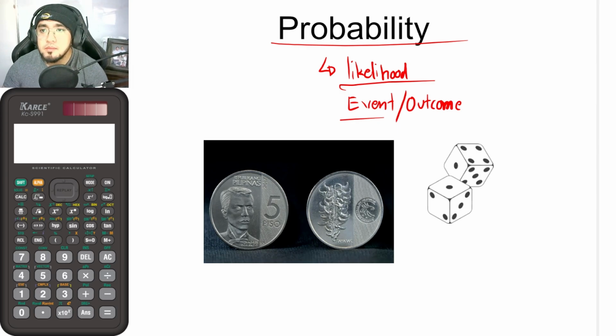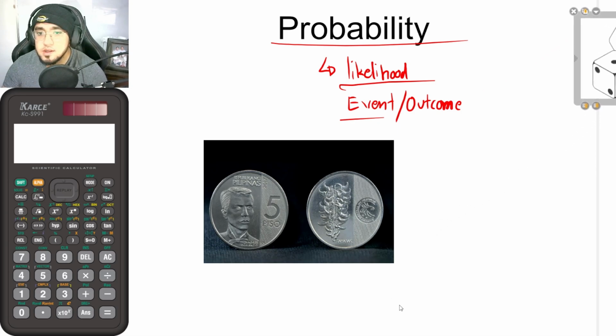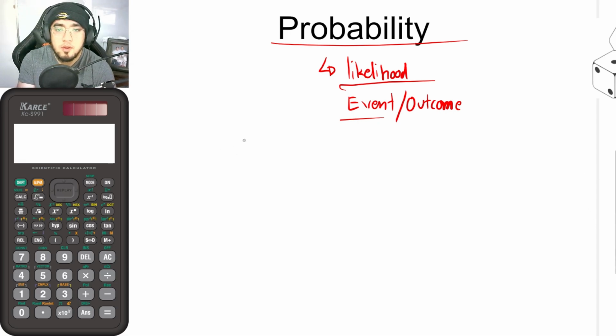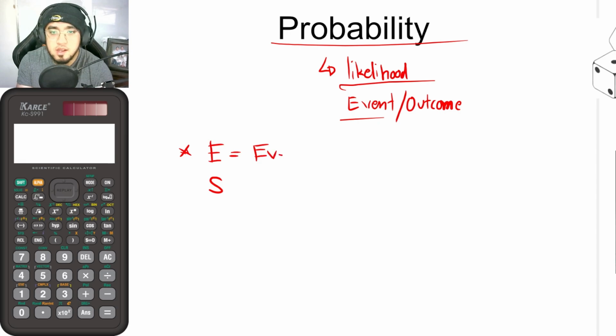Okay, so I will be putting this to the side first for our lecture. For our next lecture, I will be introducing the variables E and S, where E is the event or the set of events, and S is what we call our sample space.